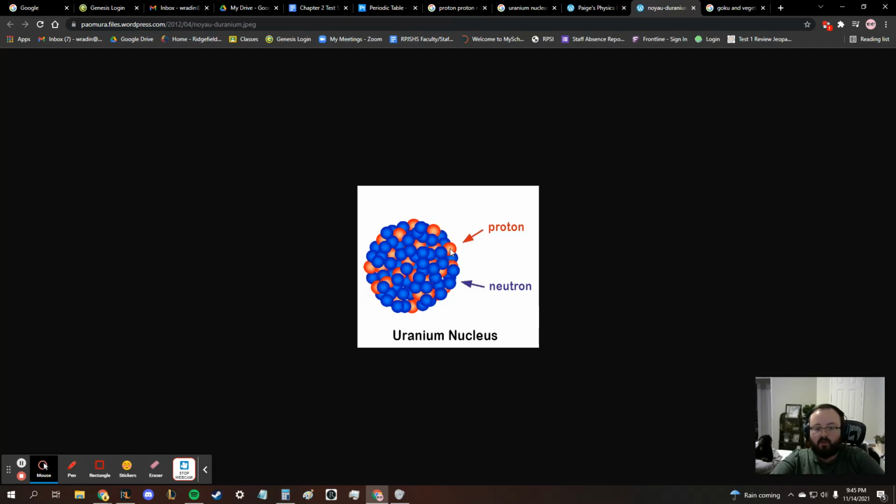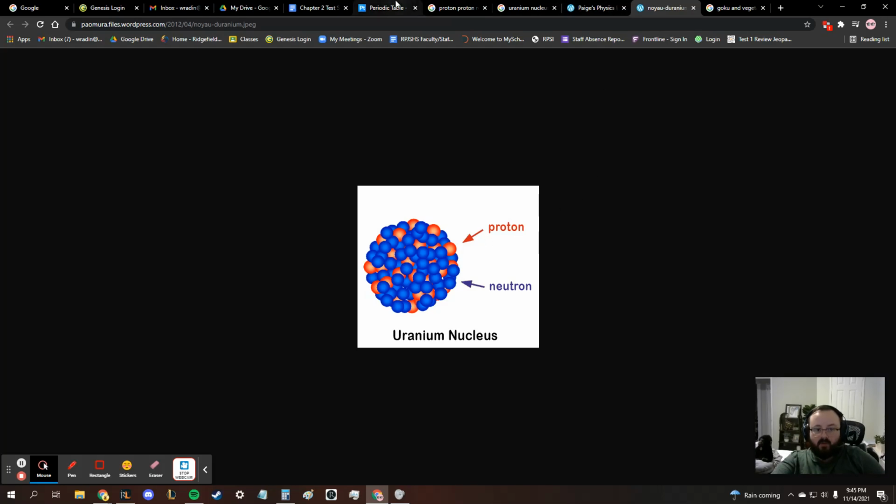However, the strong nuclear force really only acts between the proton or neutron next to you. So this proton has a repulsion from here, but it doesn't have that same attraction. So when you get to a certain point, this atom is just too big for its own good. It gets crushed under its own weight because no matter how many neutrons you add to it, that balance won't fix itself because of the distance between the two.